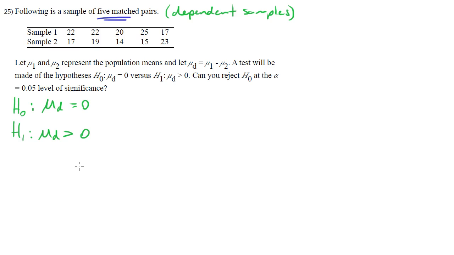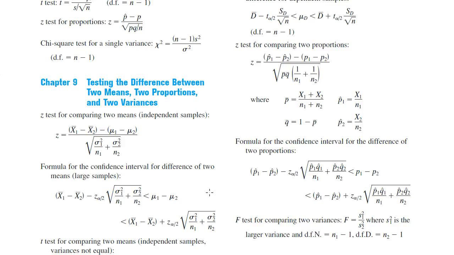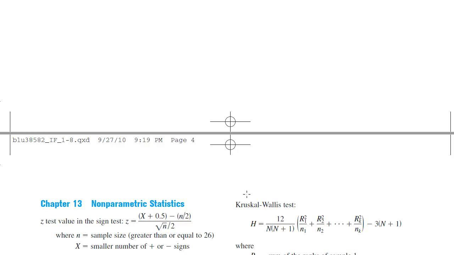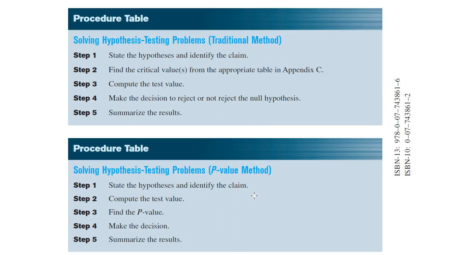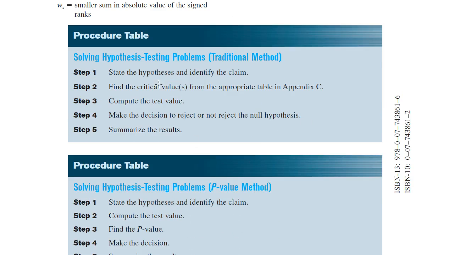That's what we're testing. So if I go back and look at the steps of hypothesis testing, the traditional method: state the hypotheses, identify the claim, find the critical values from the appropriate table, compute the test value, make your decision.